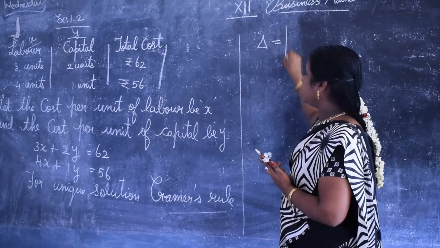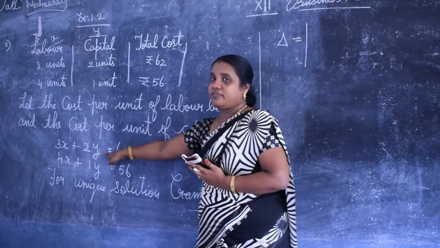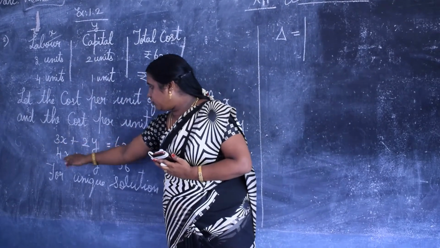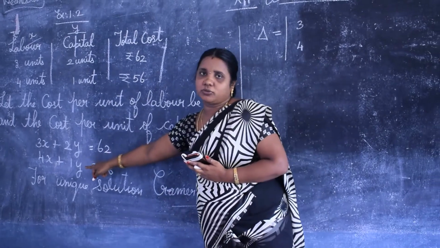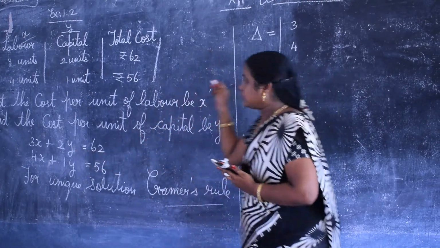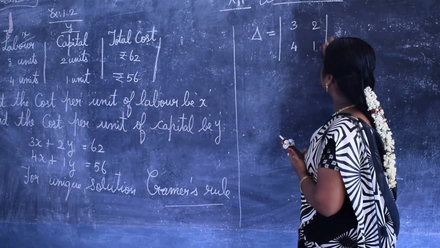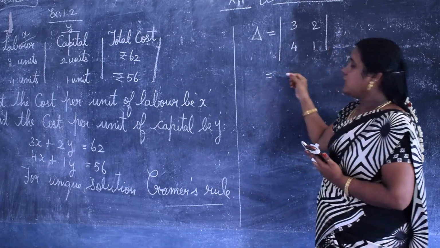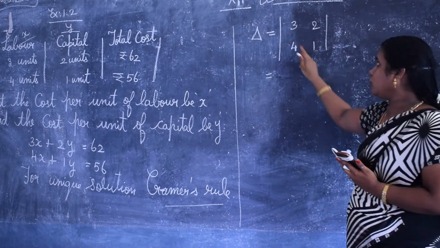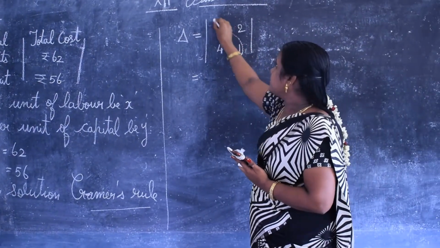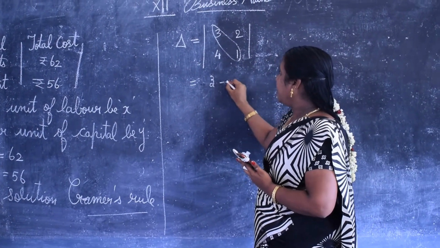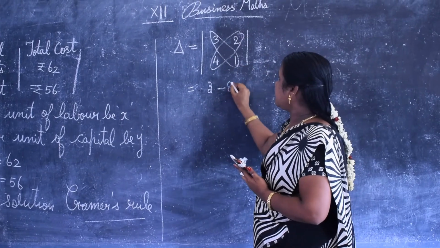Our delta is: write the coefficients of x here, 3 and 4. What are the coefficients of y? 2 and 1. So, how do you solve this determinant? Cross multiply and subtract. 1 times 3 is 3, minus 4 times 2 is 8.